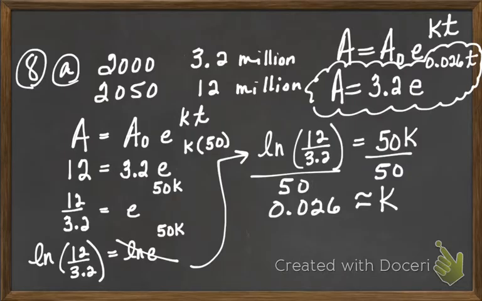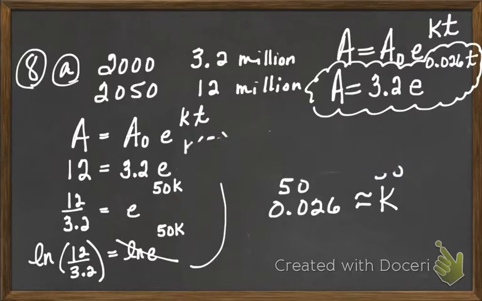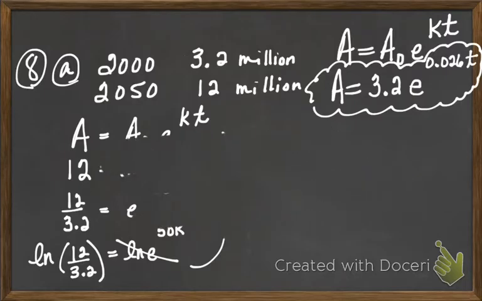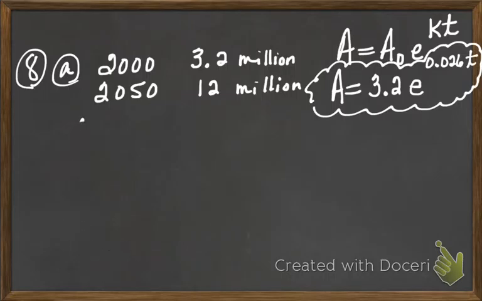All right, now the B part, they're going to ask you to use that formula. The B part says, in which year will the Palestinian population be 9 million? So you're going to use that formula that you created in the A part. So we get to use that formula for the B. And where does the 9 go?